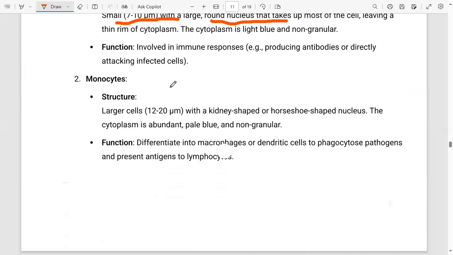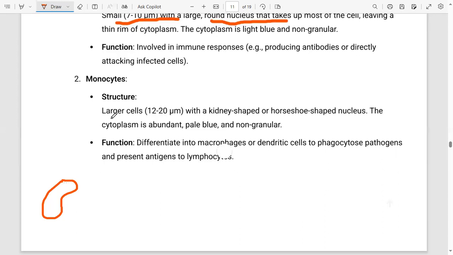Let's talk about monocytes now. Monocytes are a very special type of granulocytes because they are easily identified. Why? Because they have a kidney shape. They look like a bean. Immediately you see something like this under a microscope, just know that it's a monocyte. They are very different from the rest.